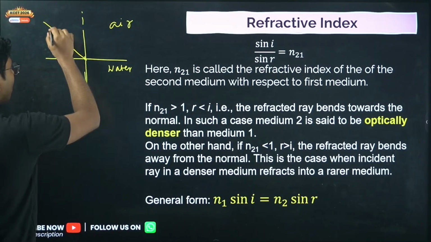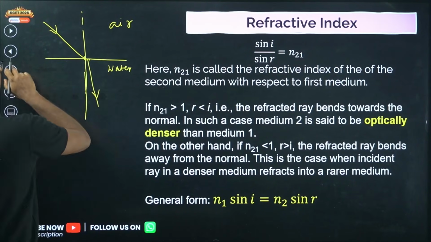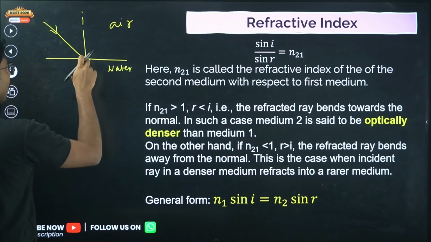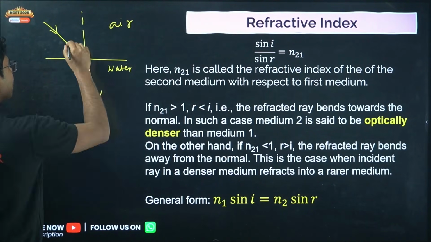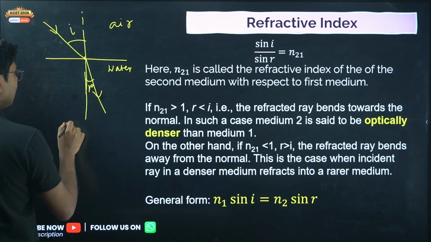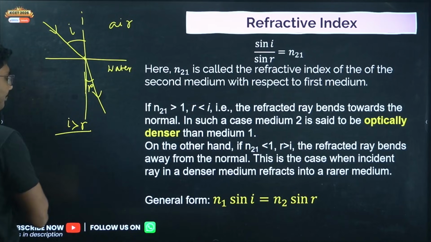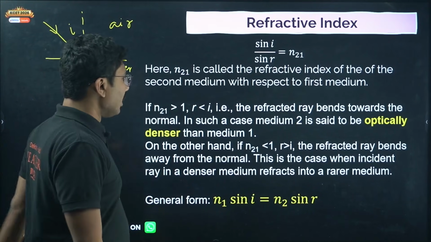When light from air travels into water, it bends towards the normal. So the angle of refraction is slightly smaller than the angle of incidence, right? So this is i, this is r, so i is greater than r, or r is less than i.